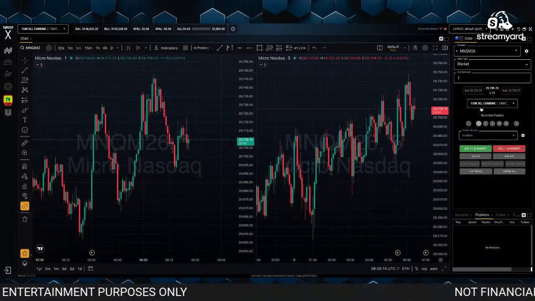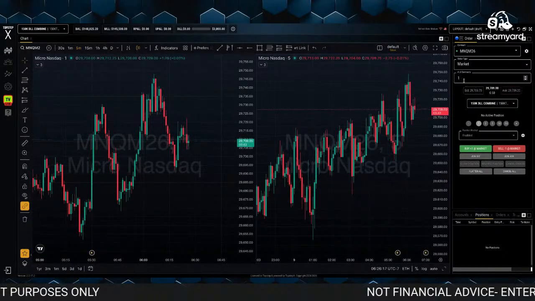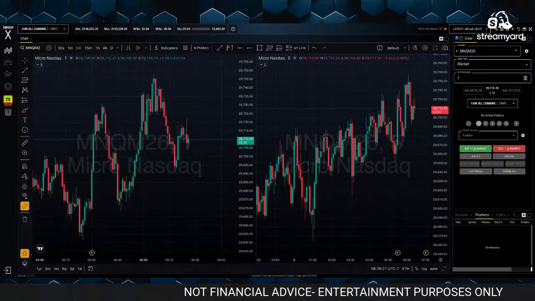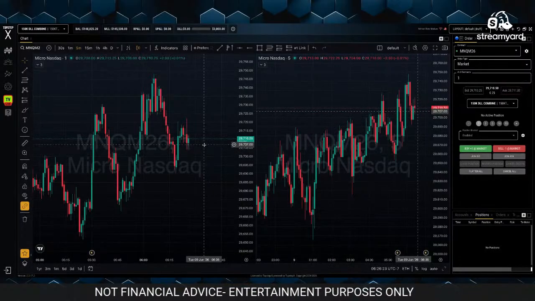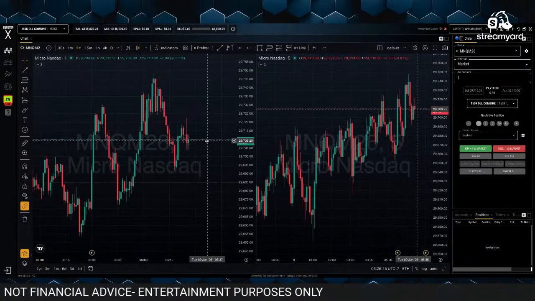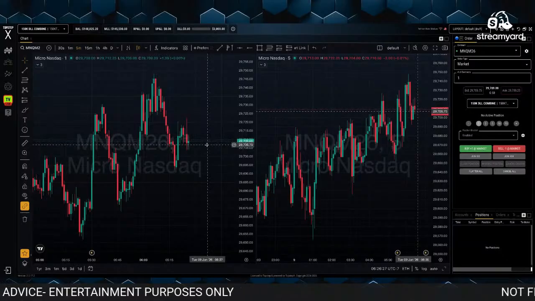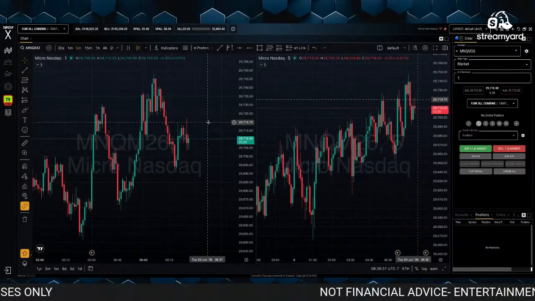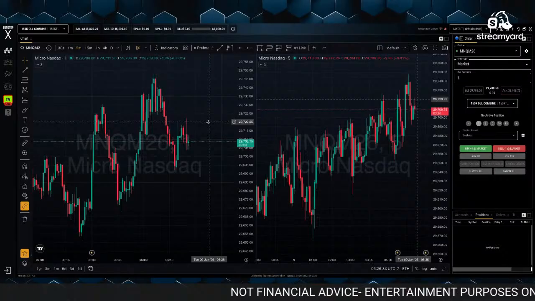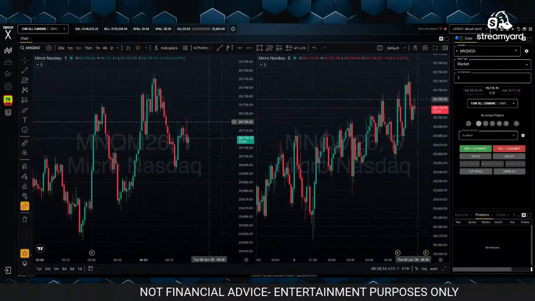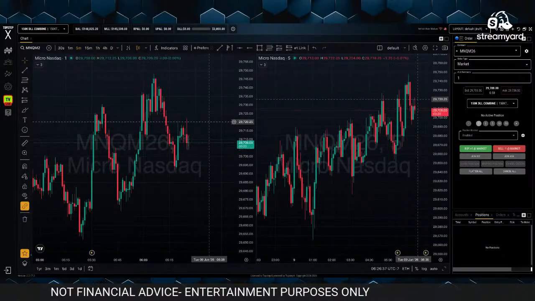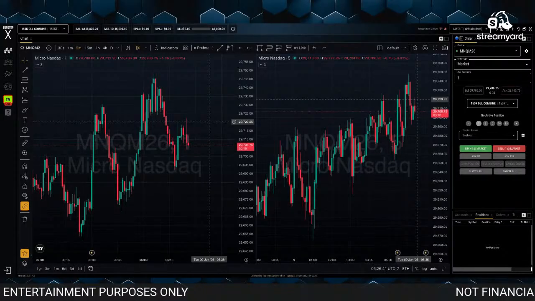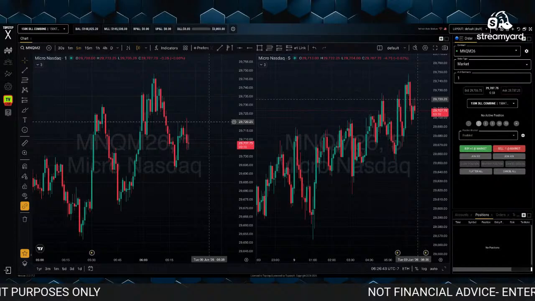For this one, one contract is $2. So the same move, if I buy right here at 710 and I want it to go to 720, that's $2 times 10 points. That's $20 for the same exact 10-point move.